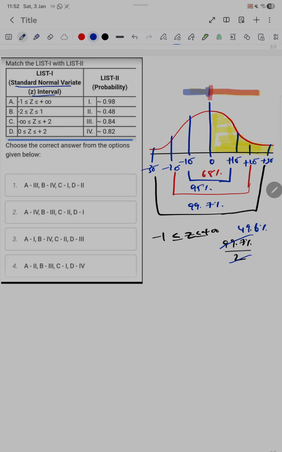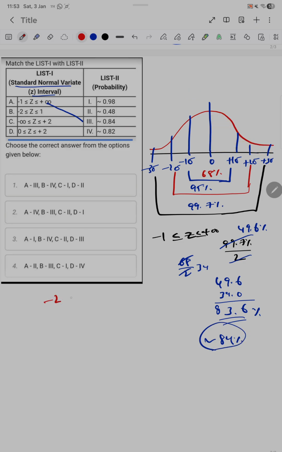And the remaining, 0 to -1 standard deviation, that is 68 by 2, which will cover 34%, right? So total 49.6 plus 34.0 is 83.6% of the data it will be covering. So A will be matched to 84% approximately. Similarly we have to see for the rest of the things.